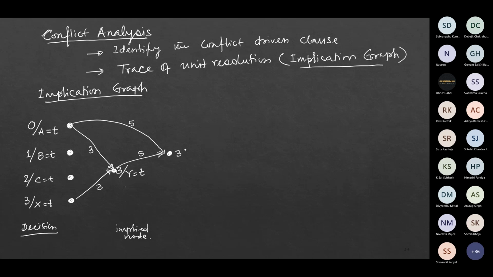we are at the same level because we are not deciding anything. We are not going to a different level then. So you can infer, or this can be implied, that z equal to true, right?